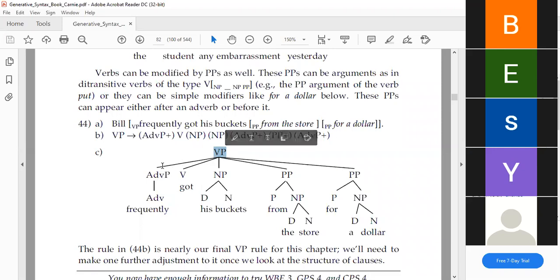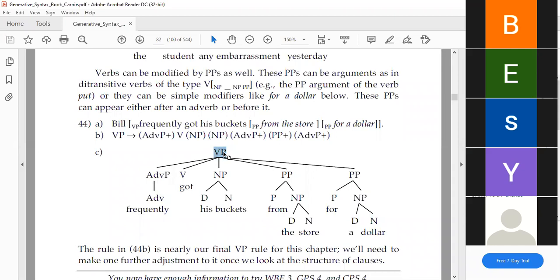So one branch for ADP, adverb frequently, one branch for V got, one branch for NP, then D and N, his buckets, then another branch for PP, from the store, where we have P, from, and then NP, the store, and another branch for the PP, which is P, for, and then NP, $1. So be careful here, because the two PPs here must be attached within the VP.